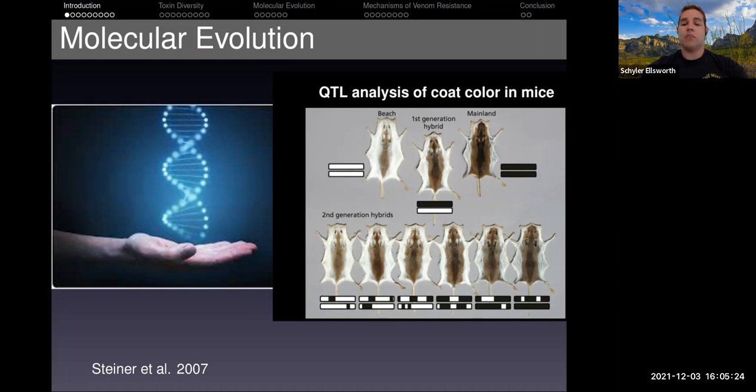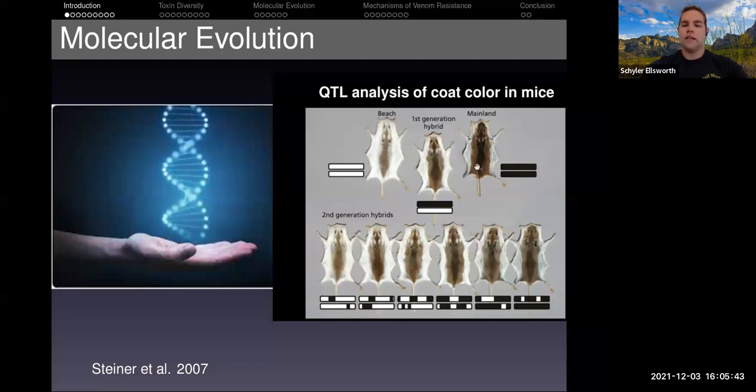So one example of this is a quantitative trait loci analysis that was done in mice, where we can see that there are two distinct phenotypes in this one species of mouse, where the mice that live on the beach have this lighter coat color, and the mainland mice have this darker coat color.